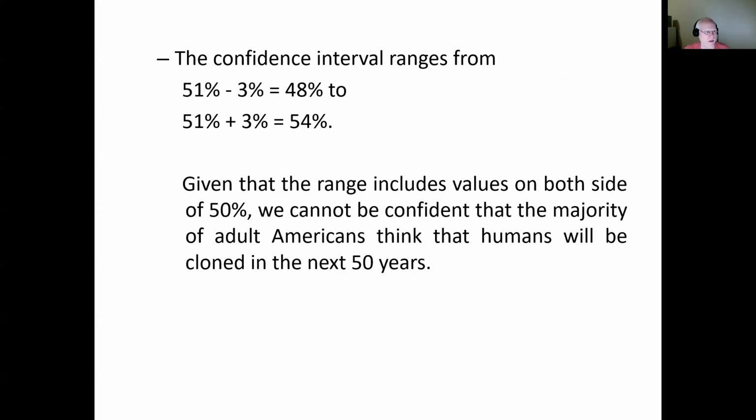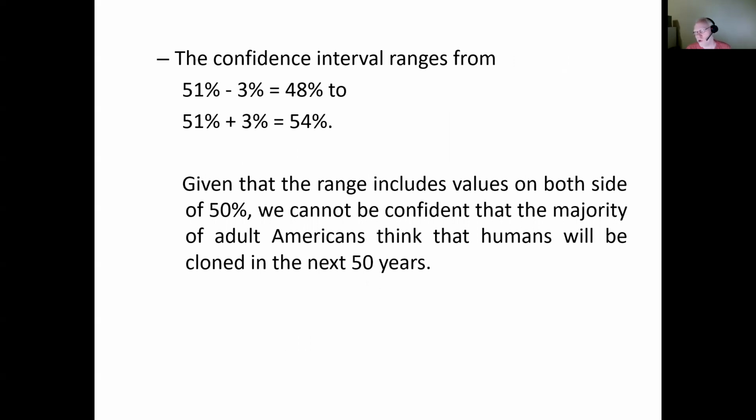So the confidence interval ranges from 51 minus 3 to 51 plus 3, so from 48% to 54%. Given the range includes values on both sides of 50%, we can't be confident that the majority of adult Americans think that humans will be cloned in the next 50 years.